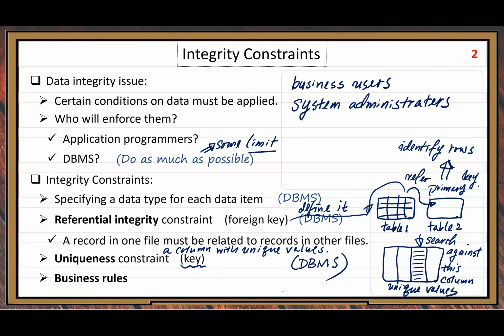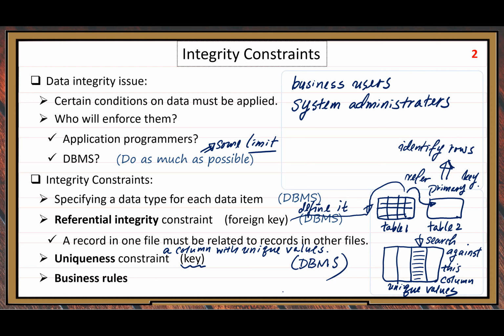For the fourth type, the last one, business rules, usually it is complicated. Although some of the business rules could be simple, for those relatively simple business rules, we can define some other constraints.